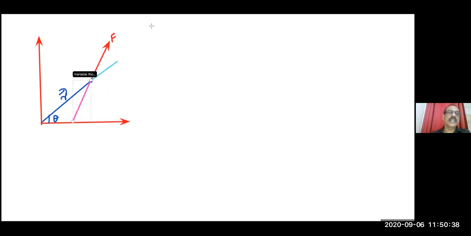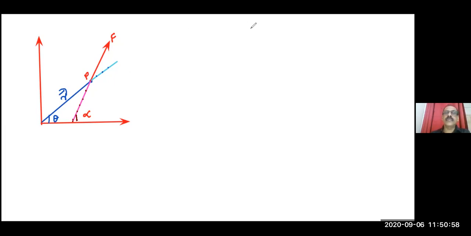Then I'll put that mark. This angle alpha. So this is a point P.